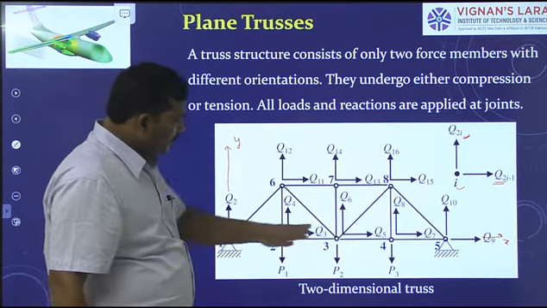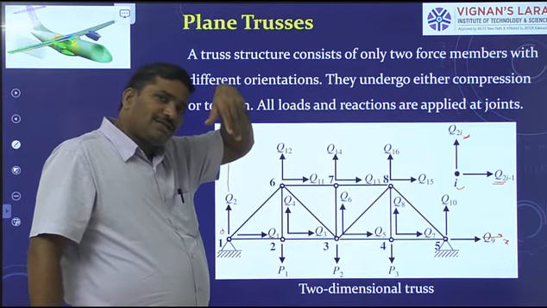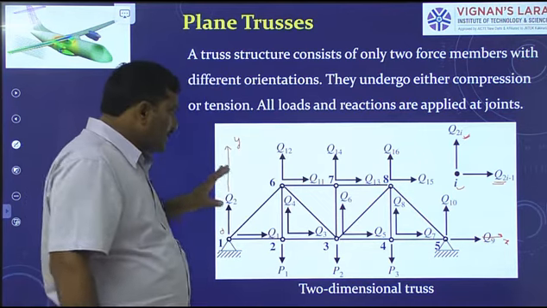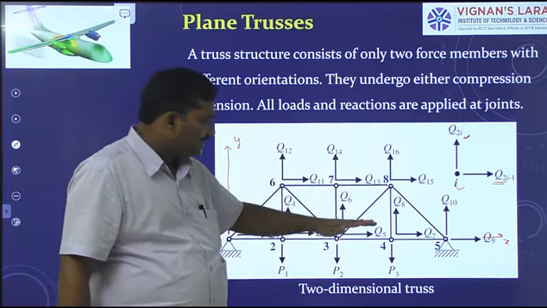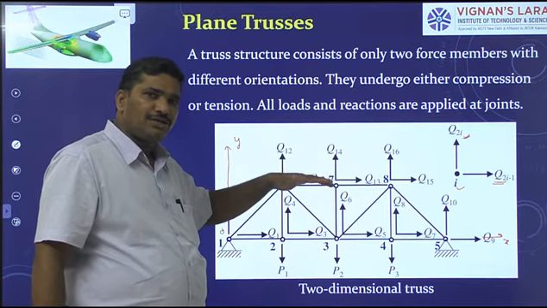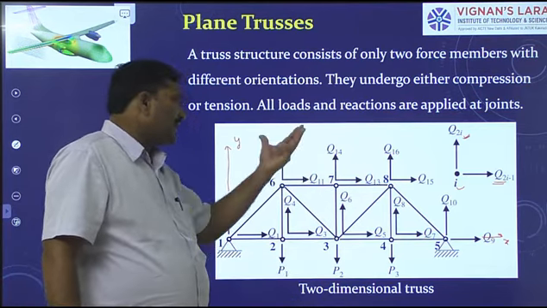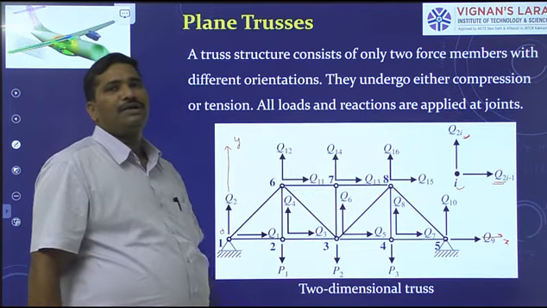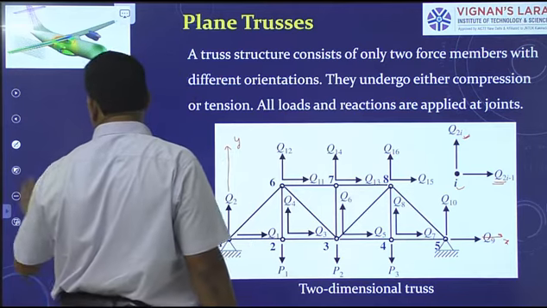Now here the loads P1, P2 and P3 are acting vertically downward. Therefore, with respect to this reference frame OXY, they are considered negative. The vertical force acting downward I consider negative, and the forces acting vertically upward I consider positive. Okay, next.